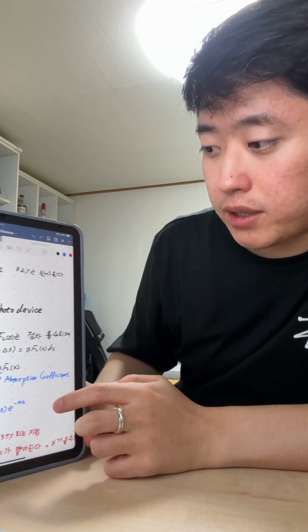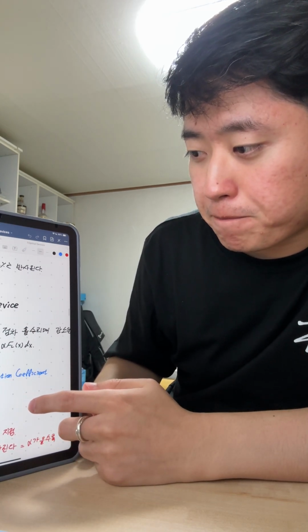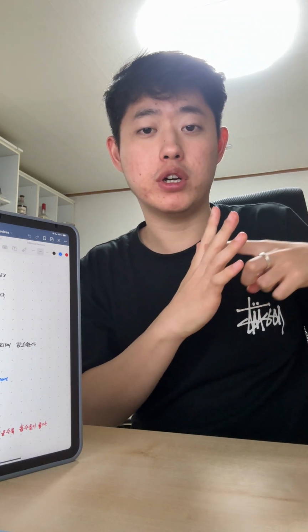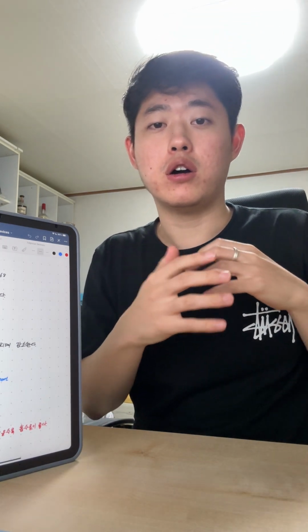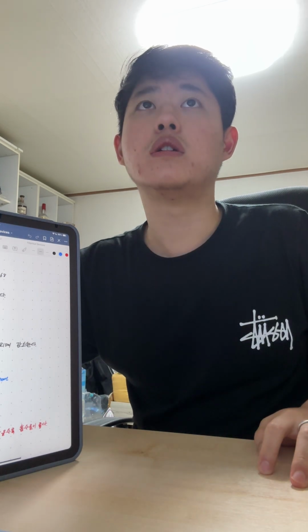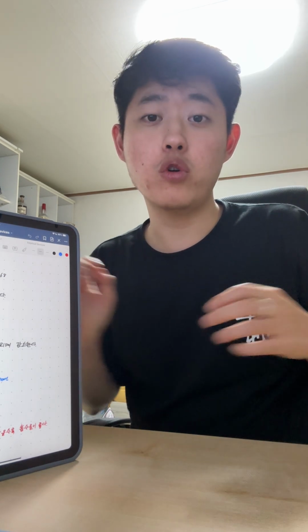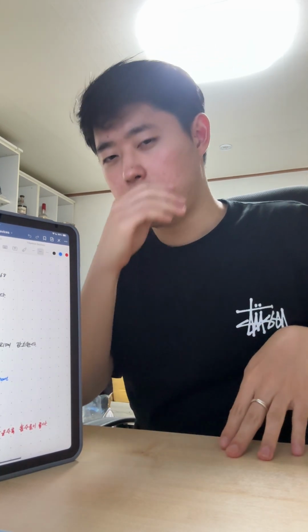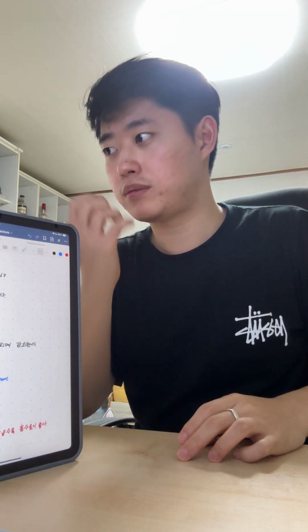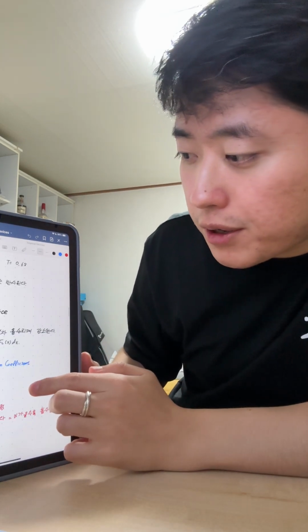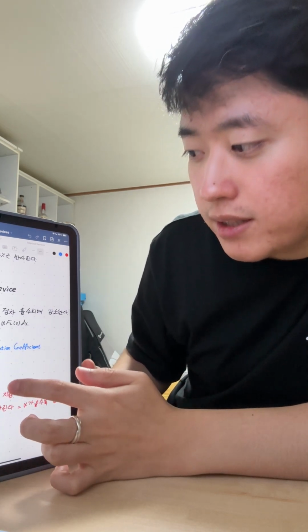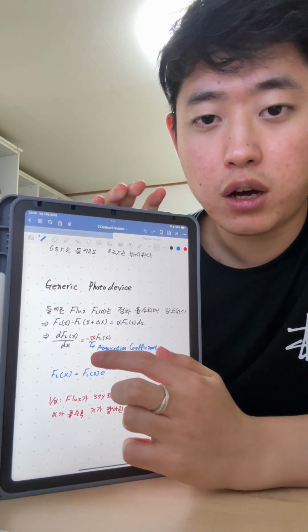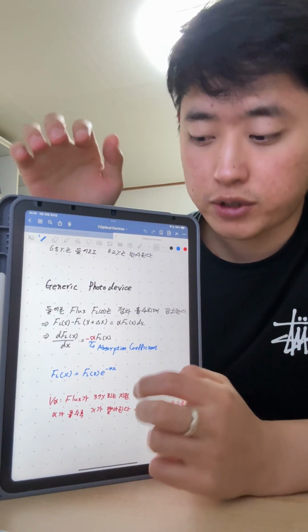For a generic photo device, when light goes through the device, it will be absorbed, losing energy. This is alpha, the absorption coefficient.